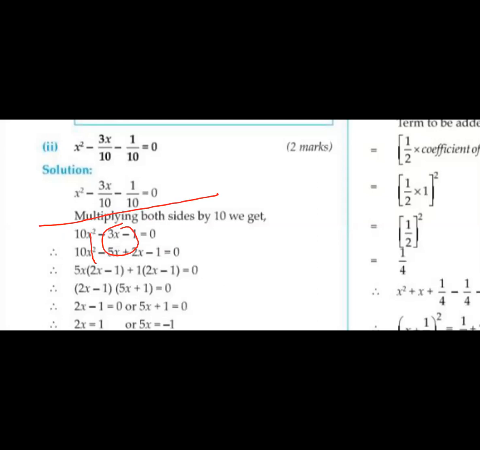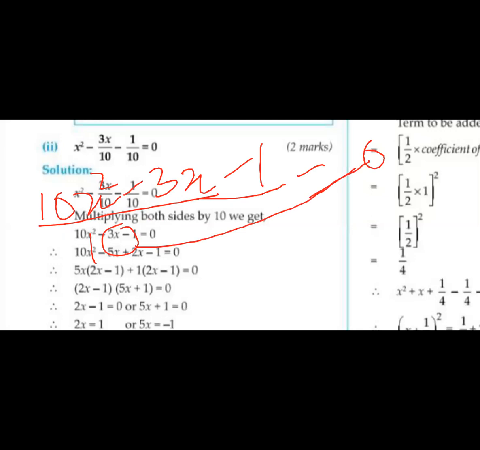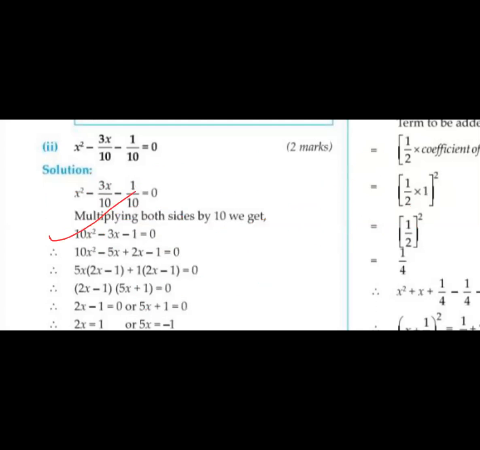So this is 10x square minus 3x minus 1 equals to 0. Now this 10 multiplied by 0, cross multiply, so we will get 10x square minus 3x minus 1 equals to 0. Here the equation is the same. We got the same equation here.